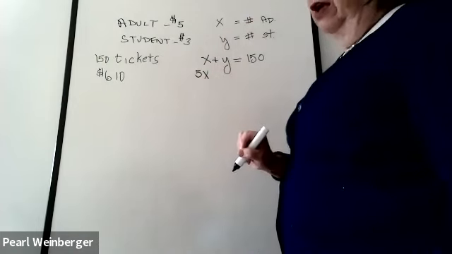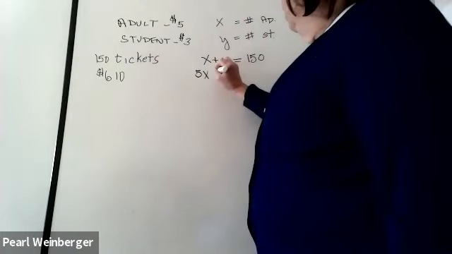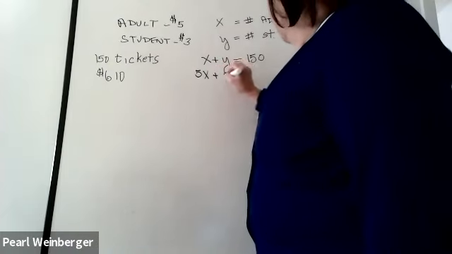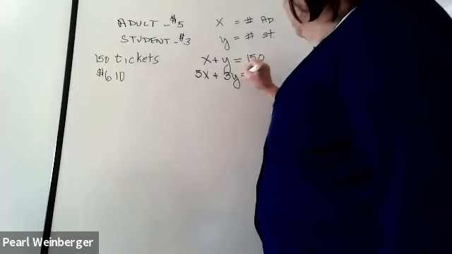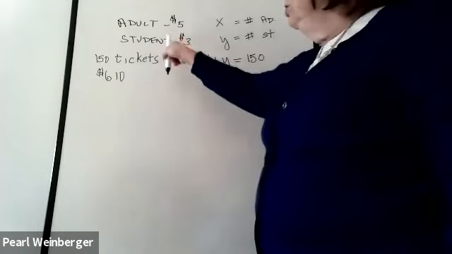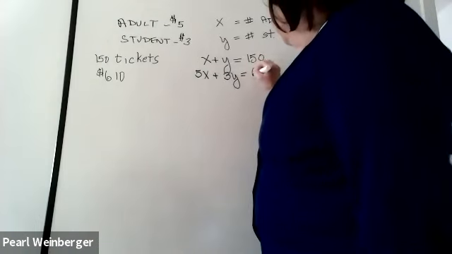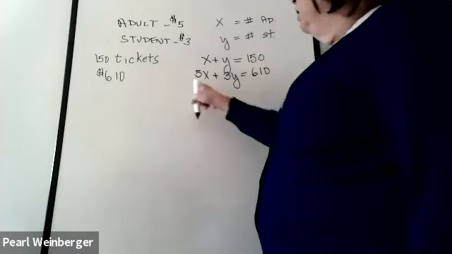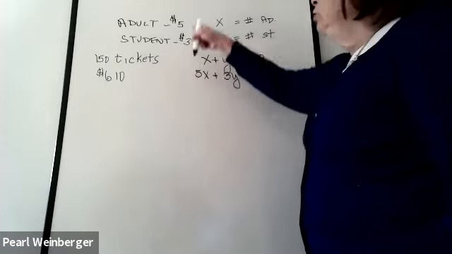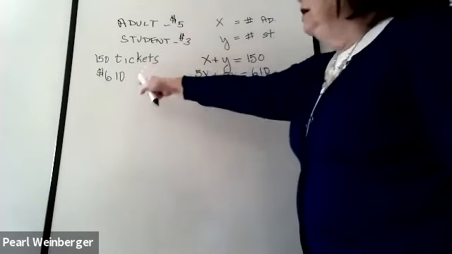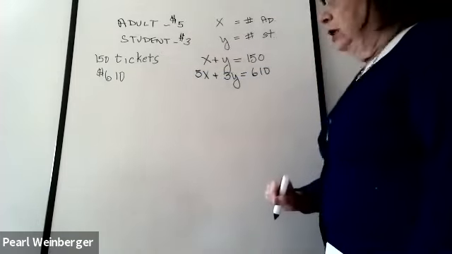That's how much the adults spent. Plus 3y. That's how much they made on the student tickets. Altogether, they made $610. Notice the second equation includes the money because it's talking about money.